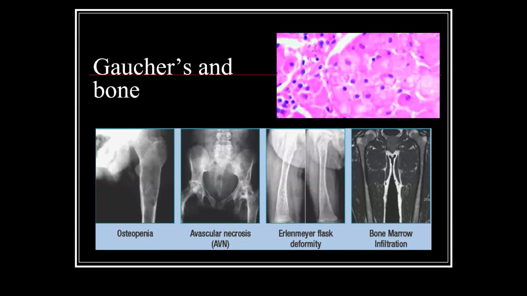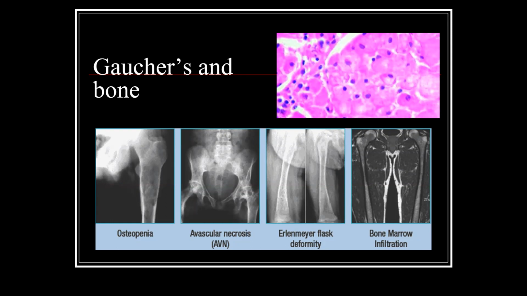Gaucher's disease, we don't see this a whole lot, but in certain populations, certain settings, you might see this more frequently. These cells like to accumulate in the marrow of the bone and can give you a variable lytic pattern. It can be subchondral, it can be multifocal, multi-osteal, and you can end up with a variety of deformities.